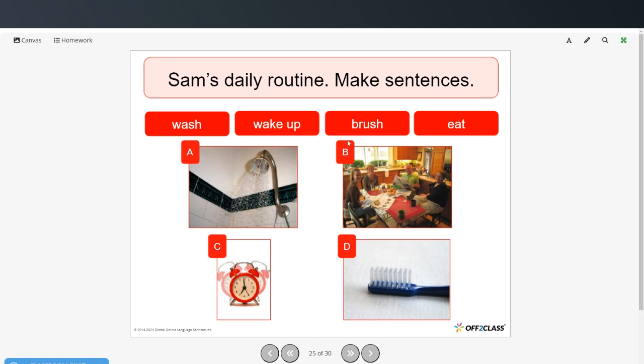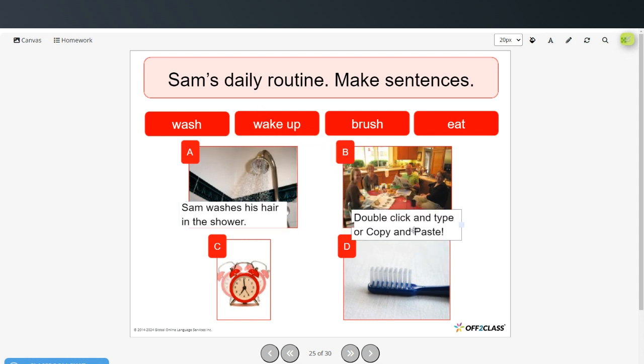All right, this is Sam's daily routine, so see if you can make some sentences. So we might say something here. Sam washes his hair in the shower. He eats breakfast with his family.